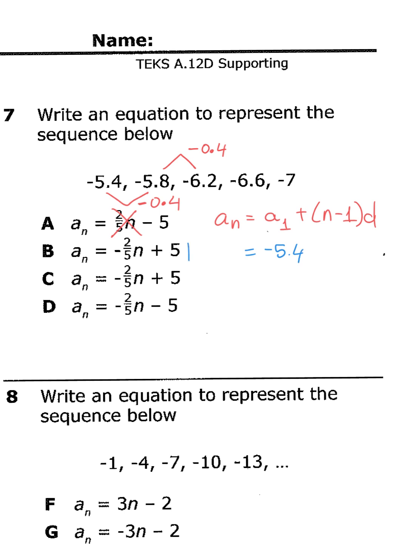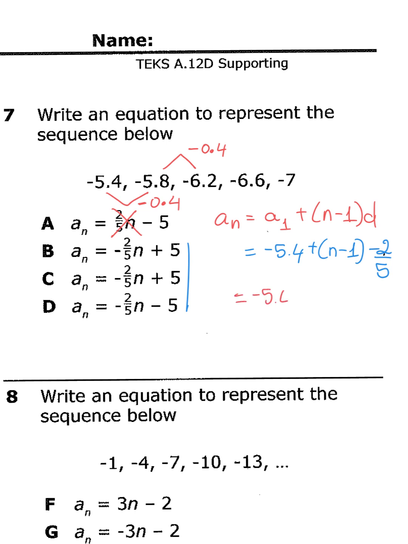And you can see this choice is not the one, right? Plus, let's say n minus 1 times the difference. Now we know the difference, correct? The difference is negative 0.4, right? Which is negative 2/5. Agree with me? Okay, now let's distribute and simplify, see what we have, okay?